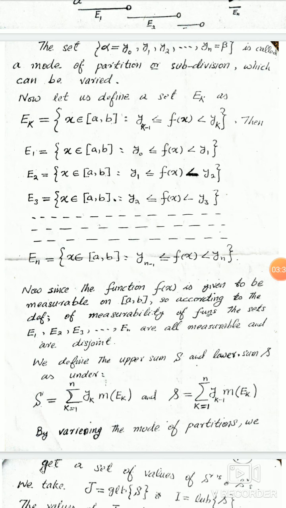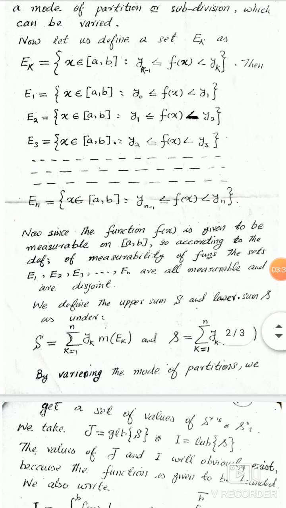Similarly, e2 is the set of x such that f(x) is greater than or equal to y1 and less than y2; e3 is the set of x such that f(x) is greater than or equal to y2 and less than y3; and so on, en is the set of x such that f(x) is greater than or equal to y(n-1) and less than yn.